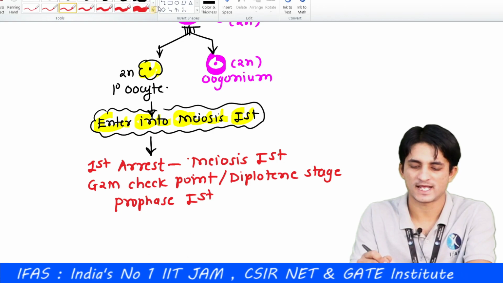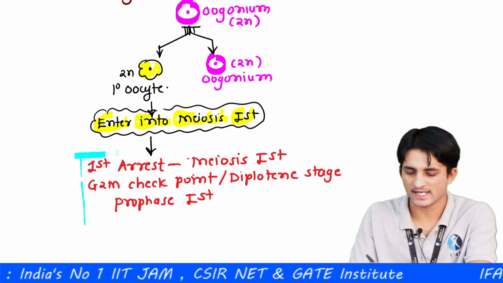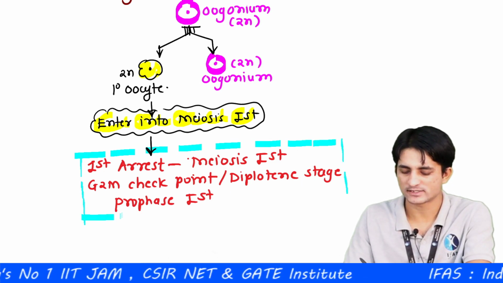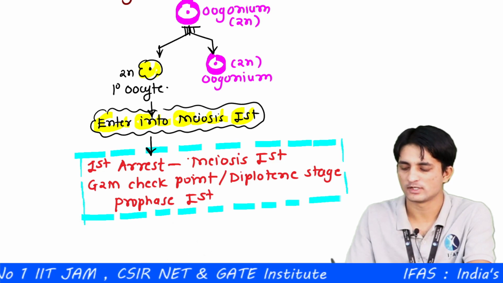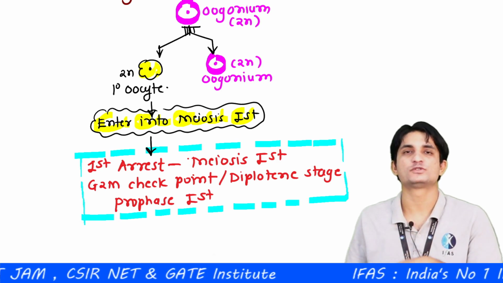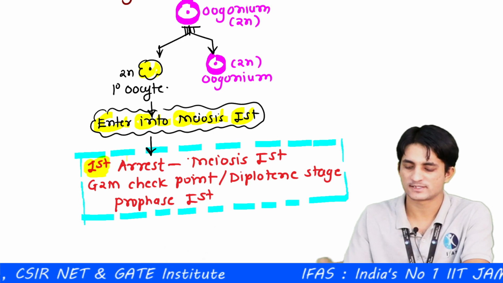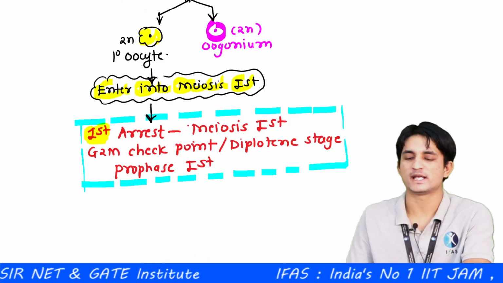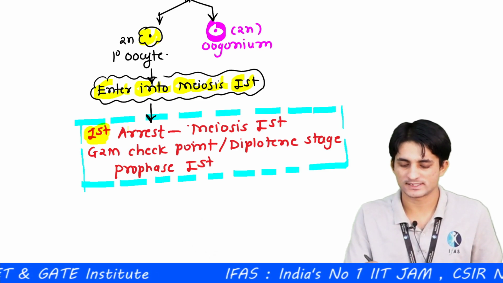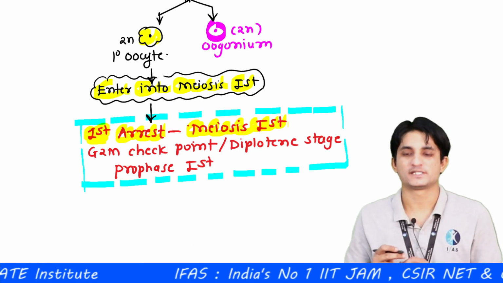This first arrest is due to the absence of the luteinizing hormone. Till luteinizing hormone is not present, the primary oocyte remains as it is in meiosis first. So this is the first arrest in meiosis first, prophase first, diplotene stage.